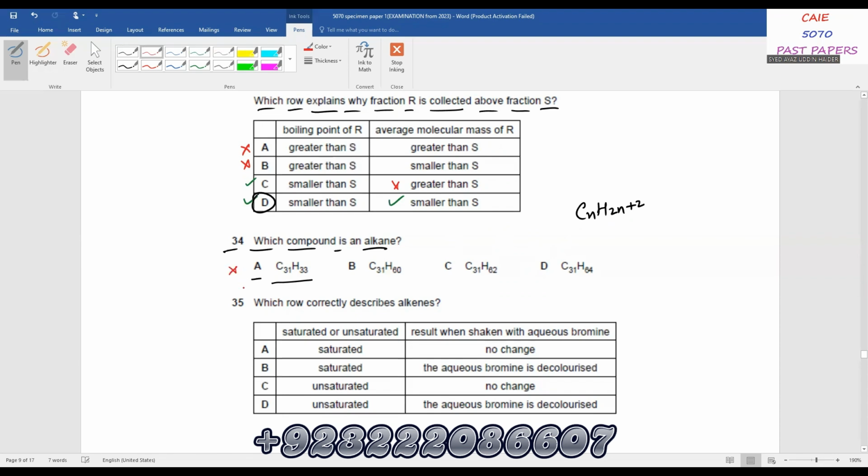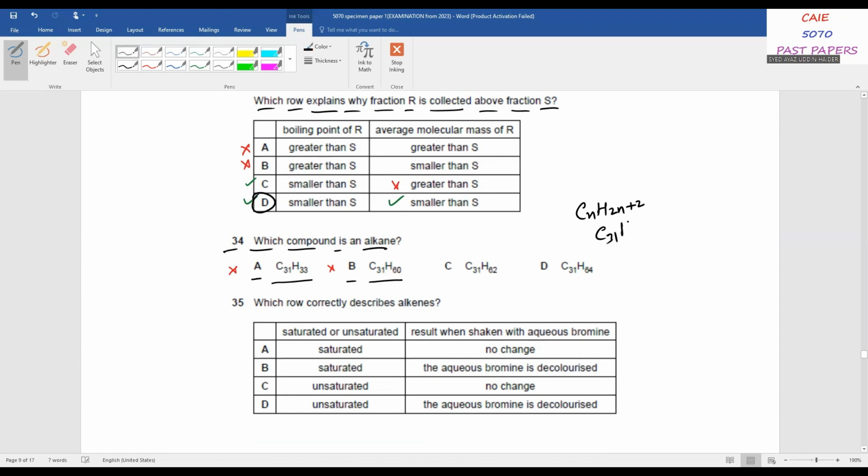So this is wrong. What about B? C31H60. Again, this is wrong. C31H2 multiplied by 31 plus 2, you will get C31H64. C31H62 is also incorrect. We are left with only choice D, which is the right answer.